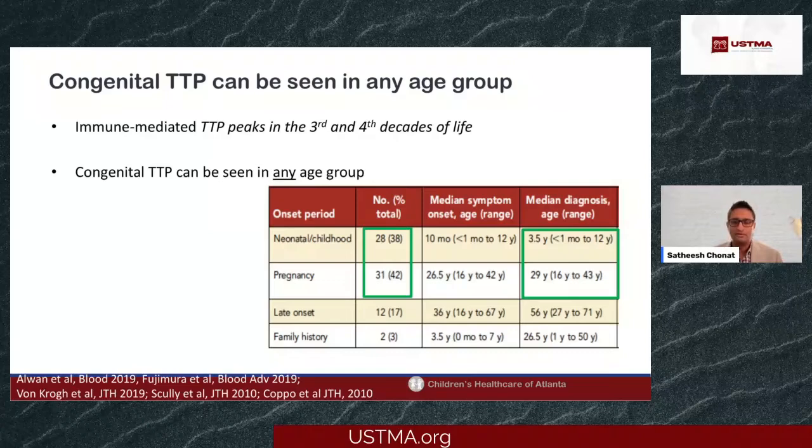I've circled here with green squares that there are two groups of patients who tend to be seen: the neonates, or newborns, about 40% of them, and another 40% seen in pregnant women. But again, it's important to recognize that this can happen anytime from a newborn to a much older age group. Next slide, please.